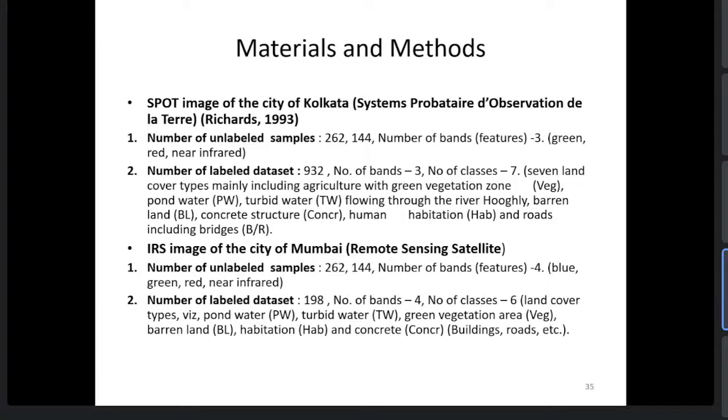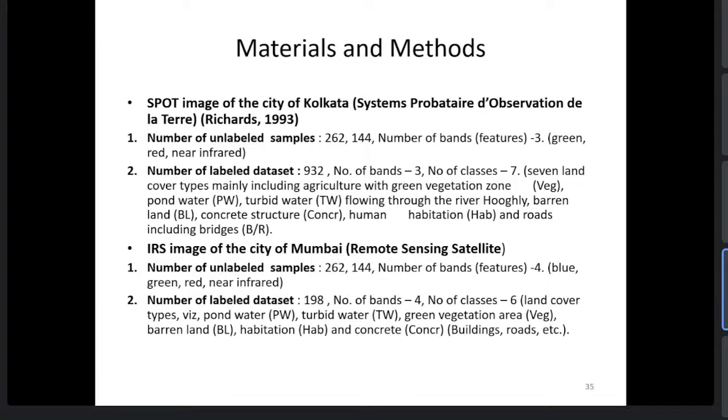Another image was also taken, the image of Mumbai. IRS means Indian remote sensing satellite. In this case, there are four features or bands: blue, green, red, and near infrared. The number of samples is 198, with four bands and six classes.